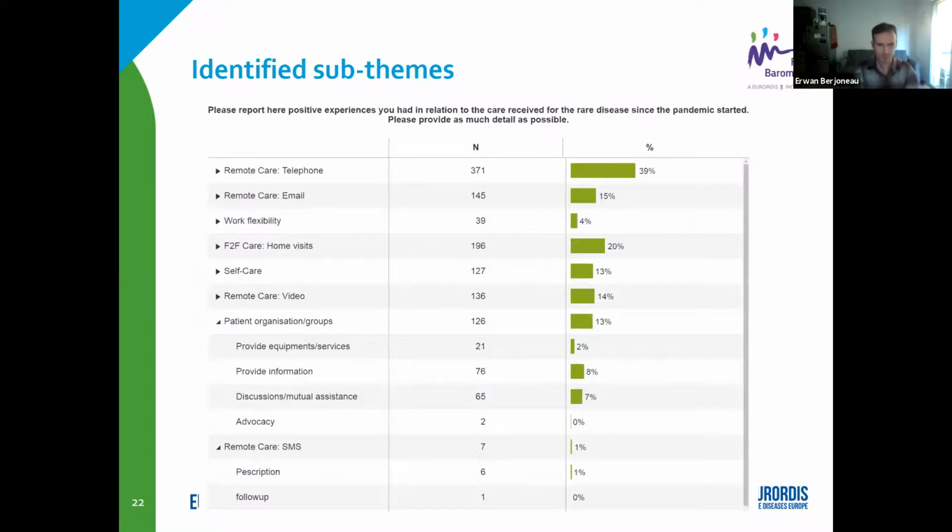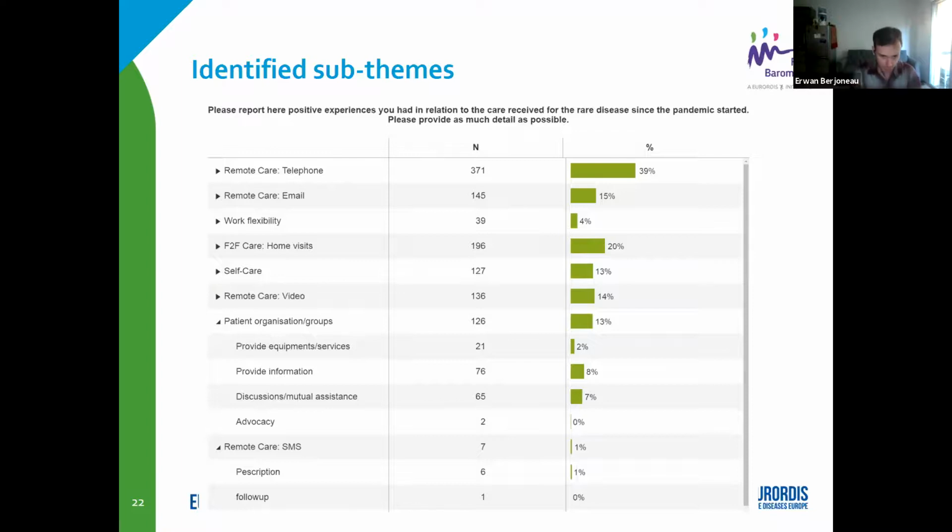So for instance, on patient organizations and patient groups, you see it's the 126. So we have 126 mentions of patient organizations and patient groups as a positive aspect. Here they told us that they found that the patient organizations they belong to were very helpful in the crisis. And we identified subcategories.